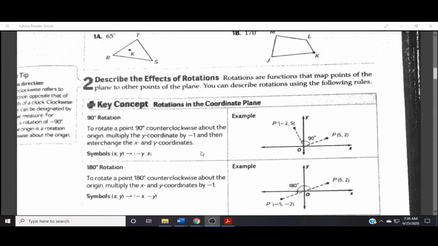Okay, so the key concept: rotations around the coordinate plane. When you rotate 90 degrees, the x and y switch, and the y becomes negative. That's 90 degrees counterclockwise. So just know that x and y switch position, and the y becomes negative.